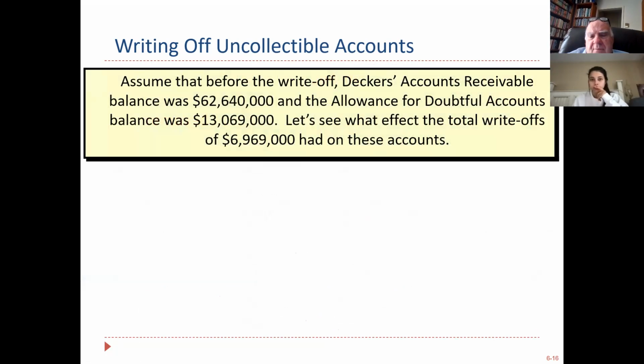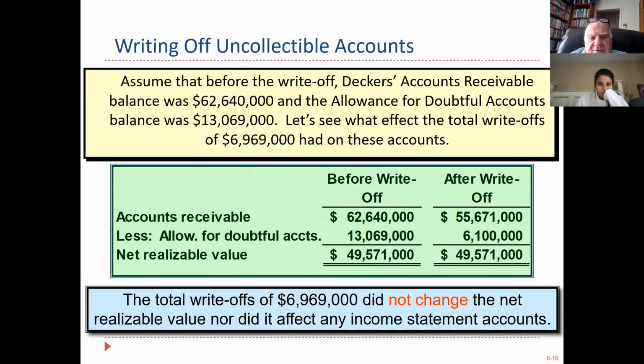Here's a little concept that you need to understand. Assume before the write-off, Decker's accounts receivable balance was 62.4 million and the allowance was 13,069. Let's see the effect this has on net receivables. Before the write-off, you had 62,640,000.